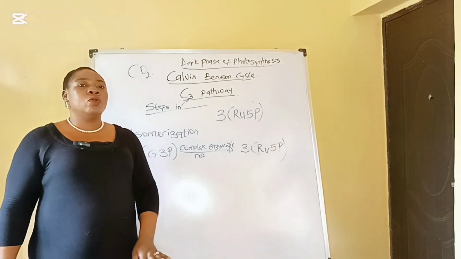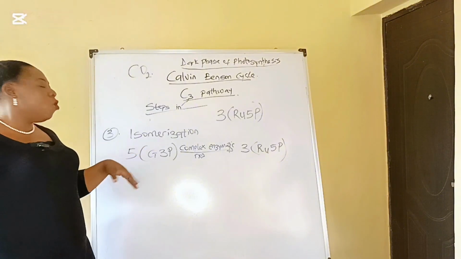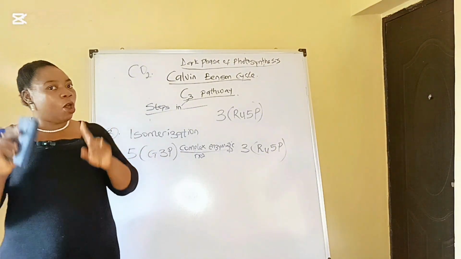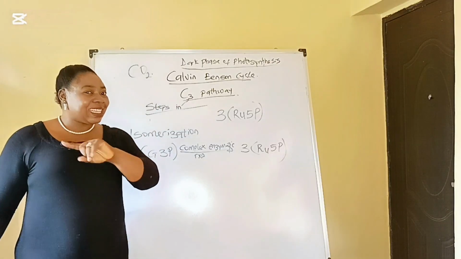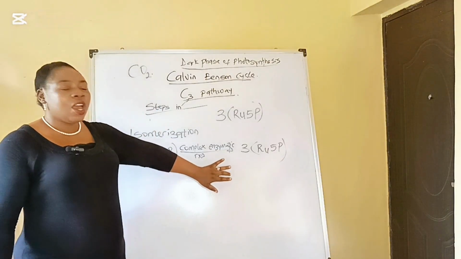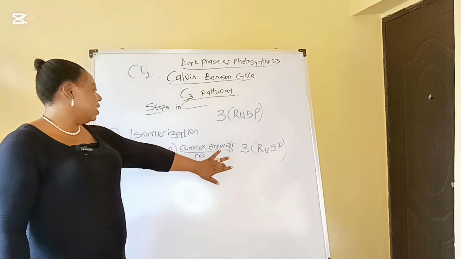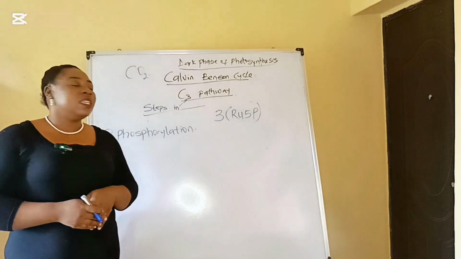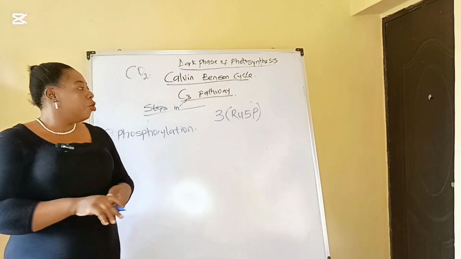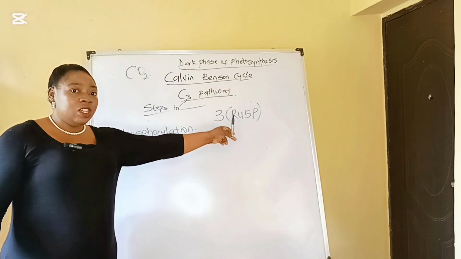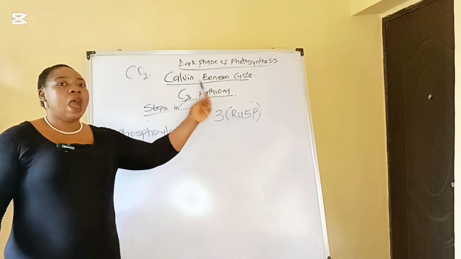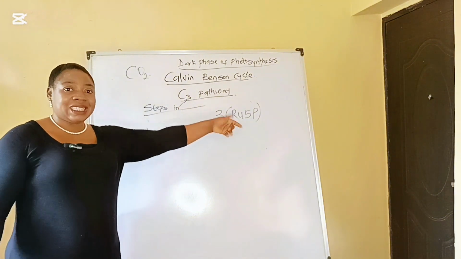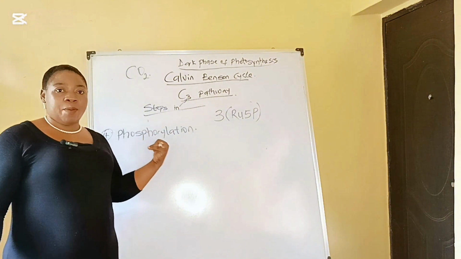We are now moving to the fourth step, which is the phosphorylation step. And also remember that we will be starting that step with the product from our isomerization step. The fourth step, which is the phosphorylation. You remember this? This was the product that was gotten from our isomerization stage, and we are starting this step with it.